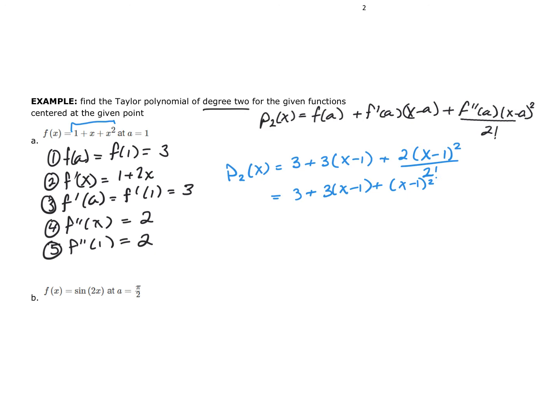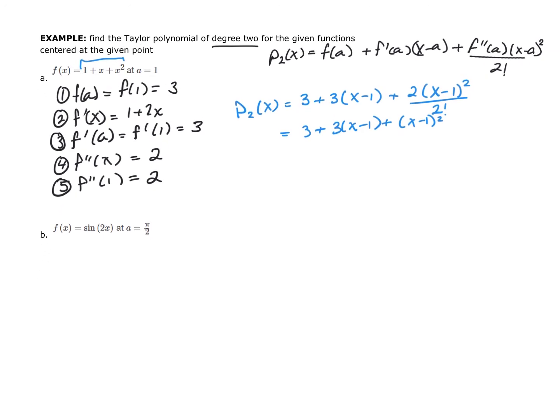Let's take a look at my next example. Again, I'm going to find the degree 2. So I will need f of a, which is f of pi halves. And f of pi halves is just going to be 2 sine of 2 times pi over 2, which is the sine of pi, which is 0. Cool.